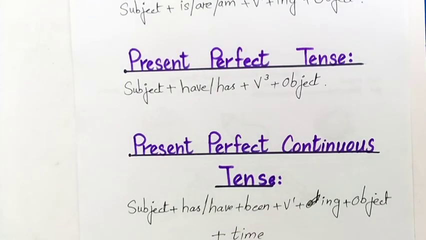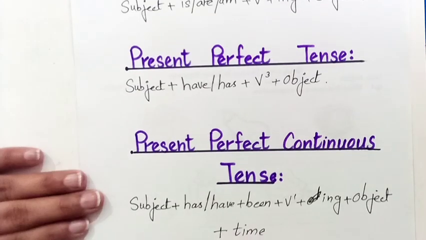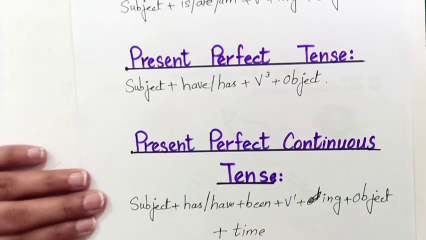Present perfect continuous tense contains time that can be a defined or indefinite time.